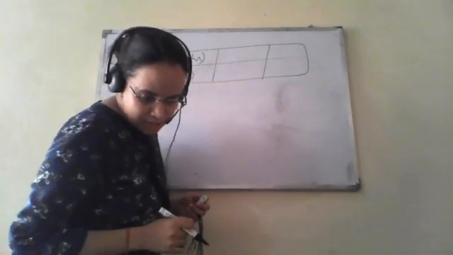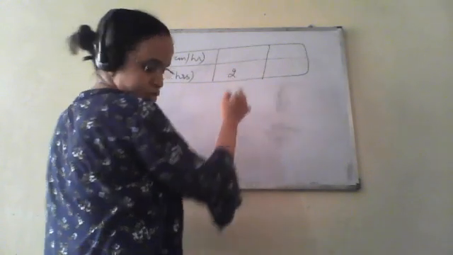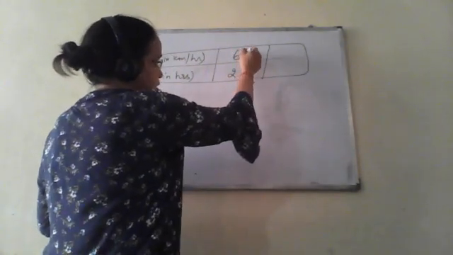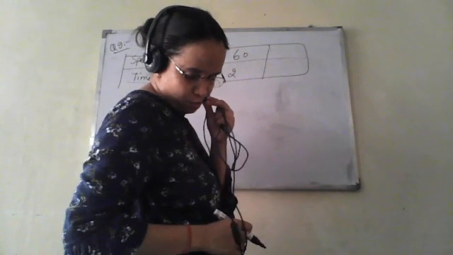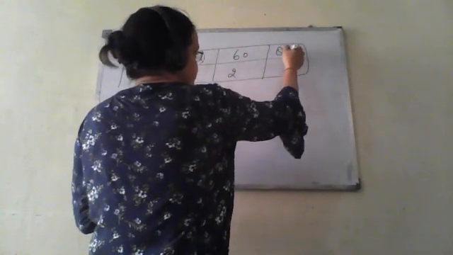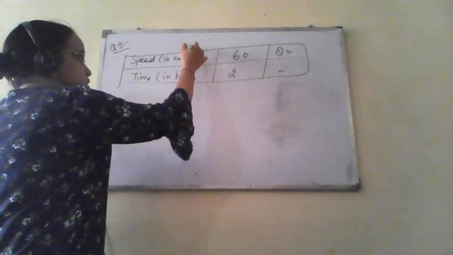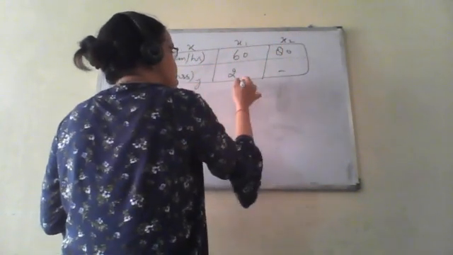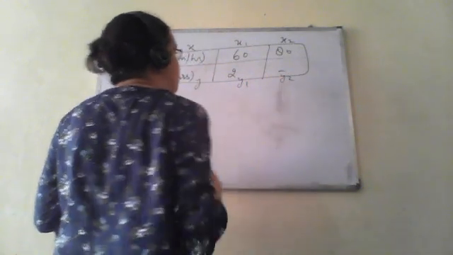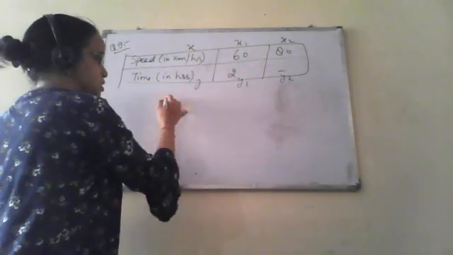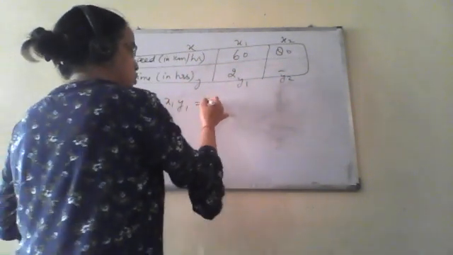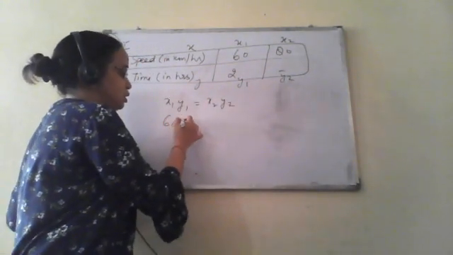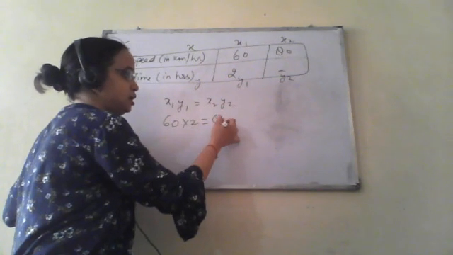In the first case, it was taking 2 hours with a speed of 60 km per hour. Now the speed is increased to 80 km per hour. We have to calculate the time. This is our x, this is x1, this is x2, this is y, this is y1 and y2. So simply apply the formula: x1 y1 equals x2 y2. That means 60 into 2 equals 80 into y2.